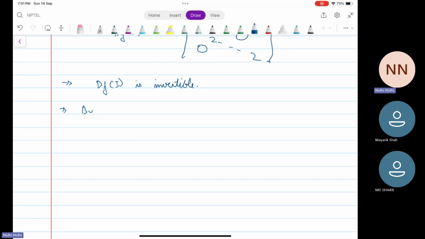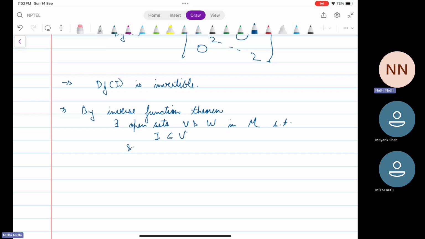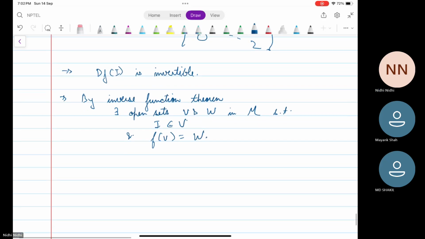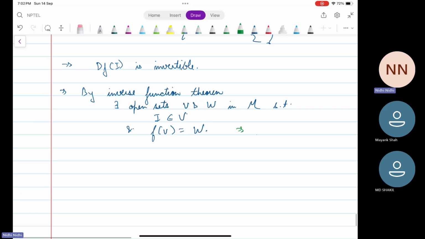By the inverse function theorem, there exist open sets V and W in M such that the identity belongs to V and F(V) is equal to W. So this gives us that F restricted to V, which is a map from V to W, is bijective, hence invertible.